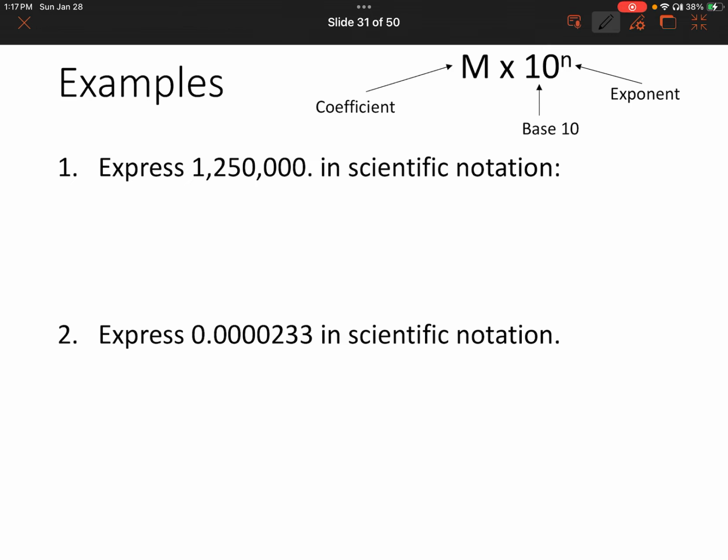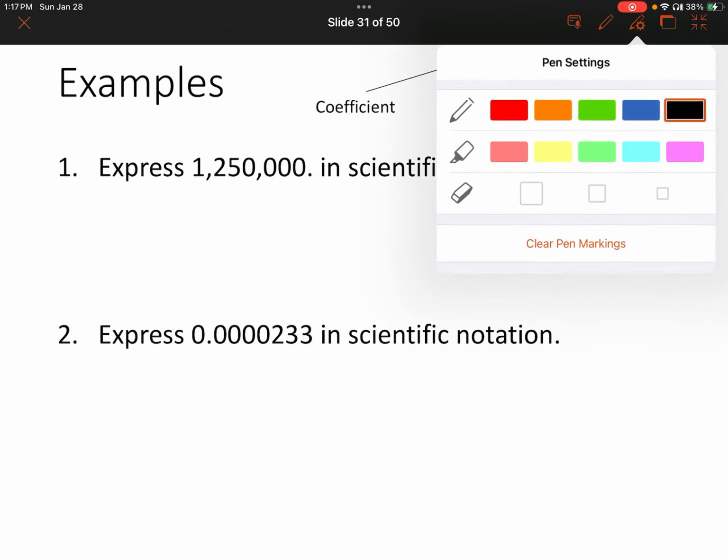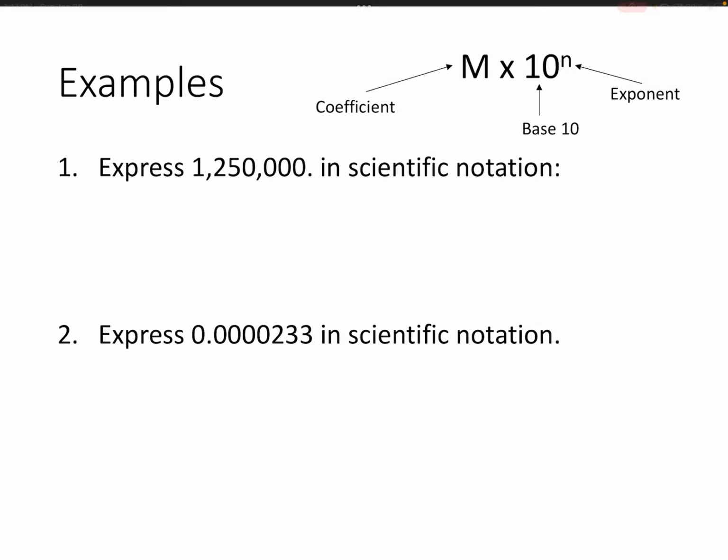Now, let's look at some examples of scientific notation. So I have our little reminder of how to express scientific notation in the upper right. And let's try to express 1,250,000 in scientific notation. All right, so let's do this one together, and then you can try the next one on your own.